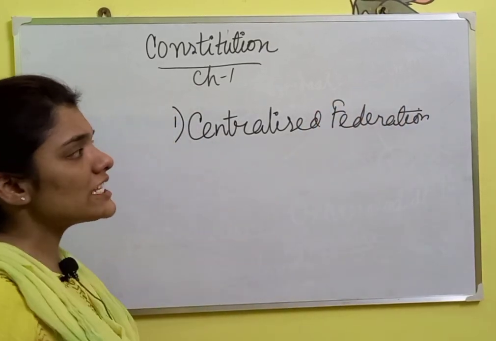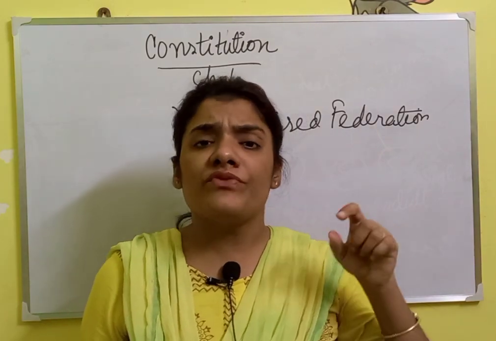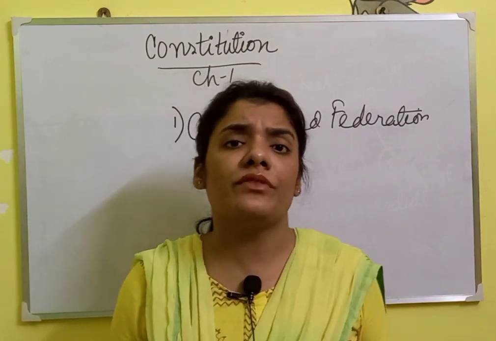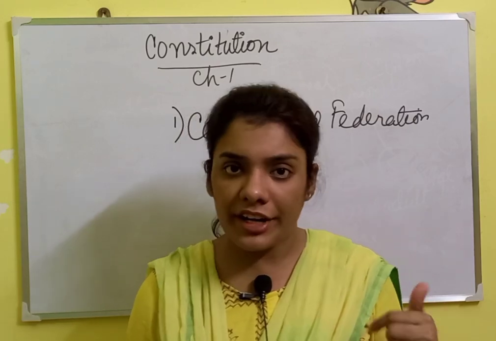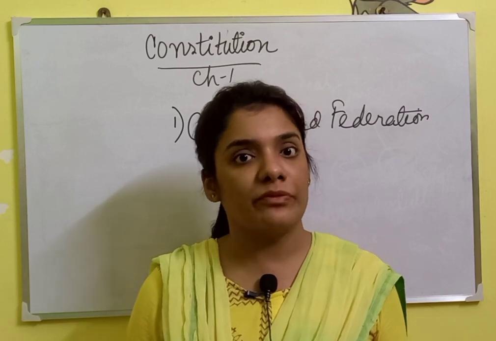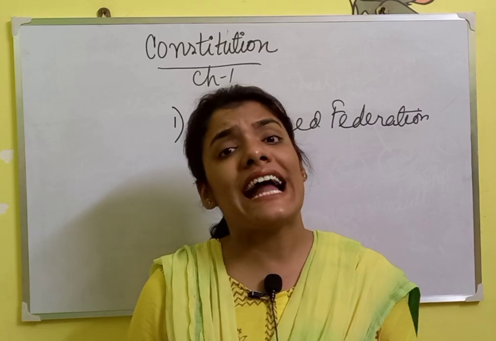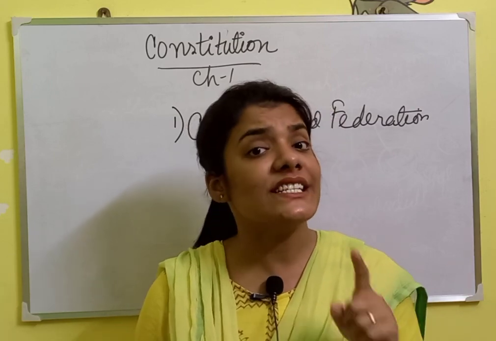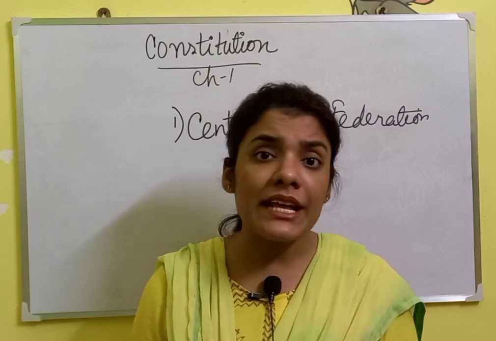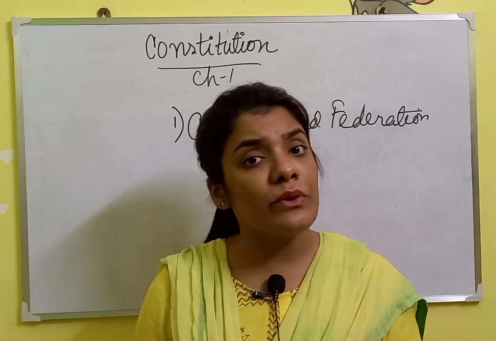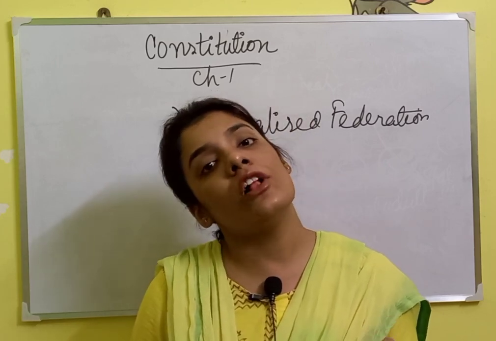Now, what does centralized federation mean? I told you, students, that the federal organs or the provincial governments work independently according to the state list, and the union government or the central government works according to the union list. But I also told you that during an emergency, when President's rule is imposed on the whole country, or in case of a state emergency, when Governor's rule is imposed on the state, somewhere federalism falls weak.